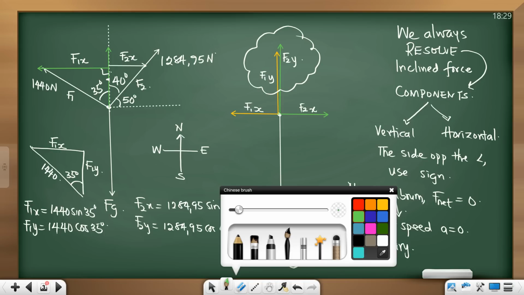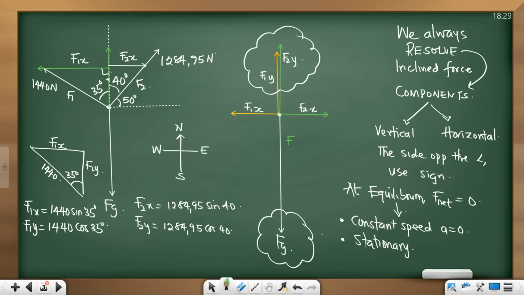F1y plus F2y equals Fg. Please do the maths. We have our values. We are only substituting.